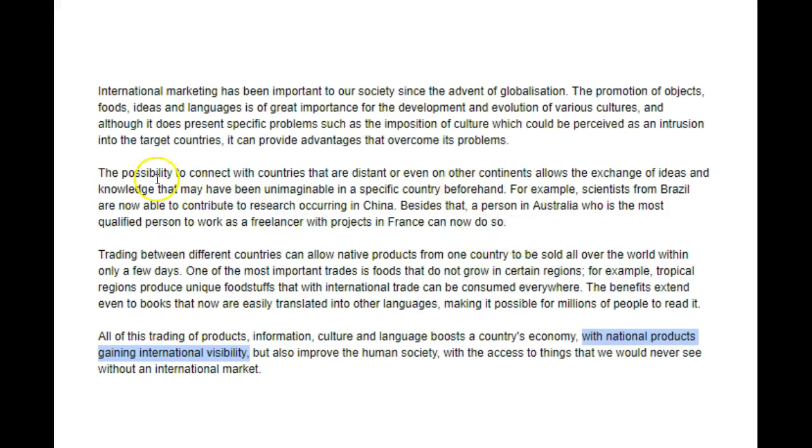Then we fully develop those ideas in the body, and then we restate them with a conclusion at the end. We never ever raise new ideas in the conclusion. With national products gaining international visibility, but also improving human society, with access to things that we would never see without an international market.